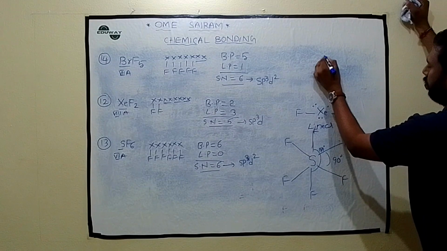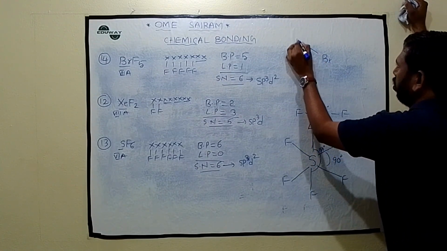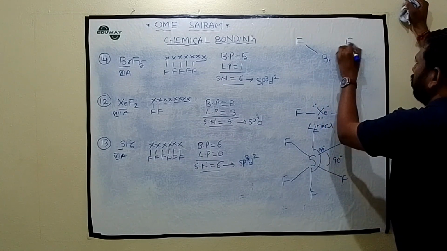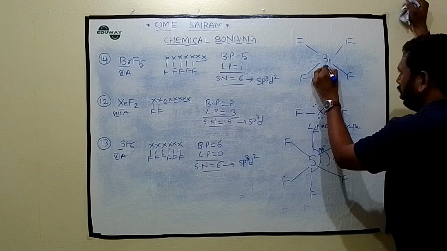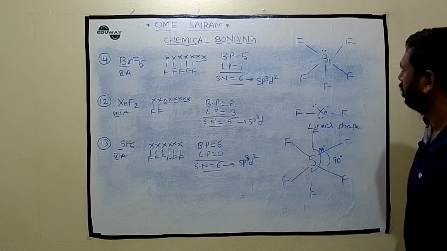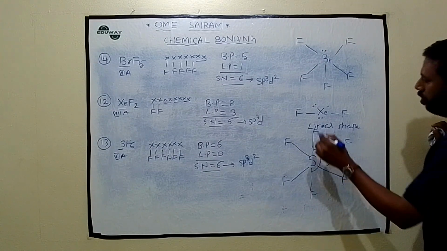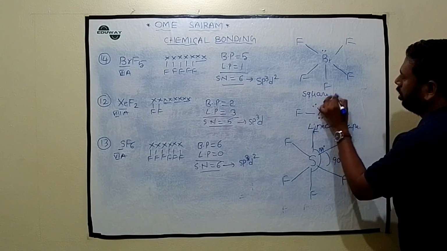So when we observe the structure, bromine is forming 5 bonds with 5 fluorine atoms. 4 bonds in equatorial position, and 1 bond in axial position, 1 lone pair in axial position. This is square pyramidal.